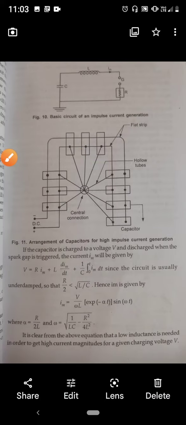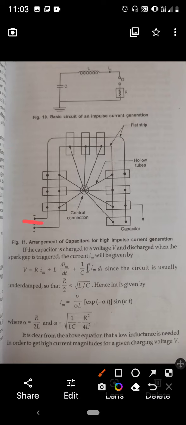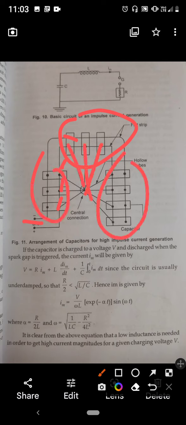Now when we apply the DC voltage, all the capacitors mentioned in the figure are charged and discharged through the air cooled hollow tubes. And when all the charge accumulated on the capacitors is discharged through the air gap, an impulse will be generated.